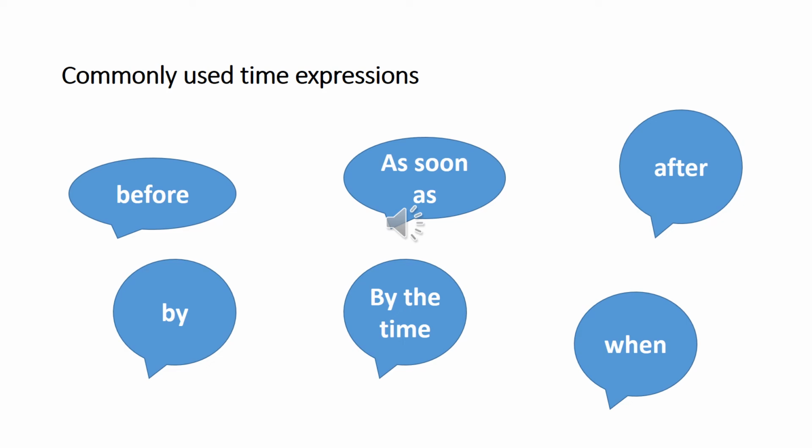Okay, then, by 8 o'clock yesterday I had done all my work. So the expression by, I have used there to tell that before that fixed time something had been finished. Okay. Another one we can use is when, as well.